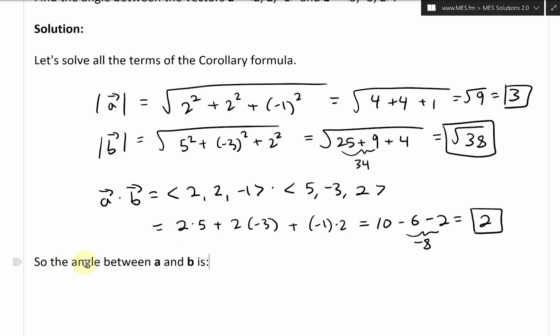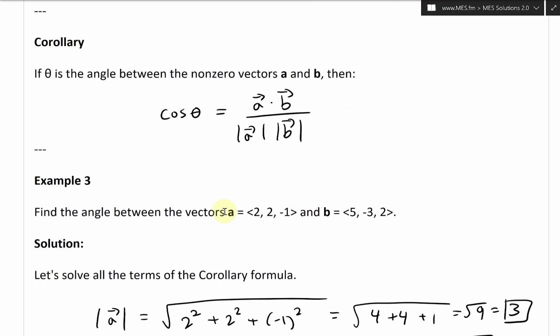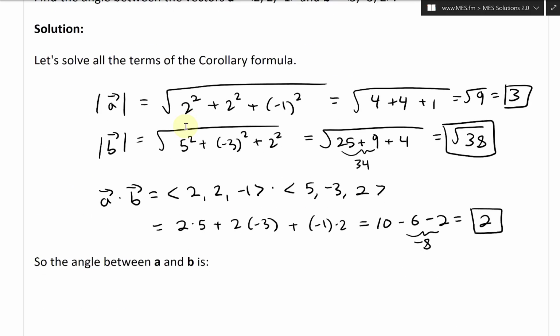All right, so the angle between A and B is, and we just plug in our corollary formula, cosine theta.